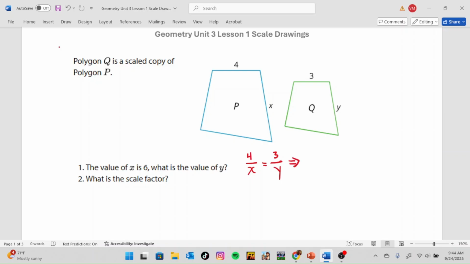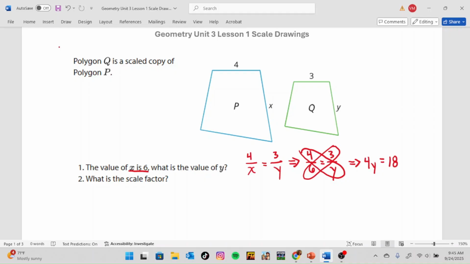Well, they just told us that x is 6. So 4 over 6 equals 3 over y. Now we're going to cross multiply. So when we cross multiply, we have 4 times y, which is 4y, equals 6 times 3, which is 18.